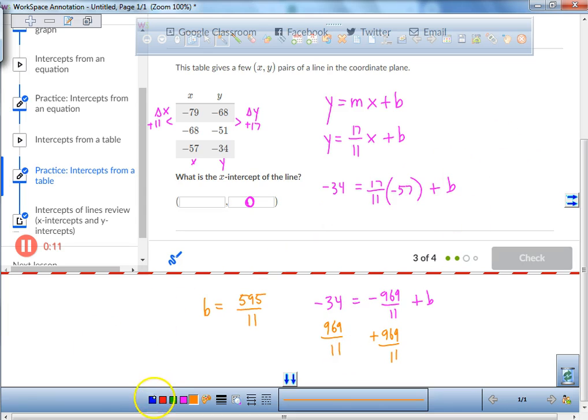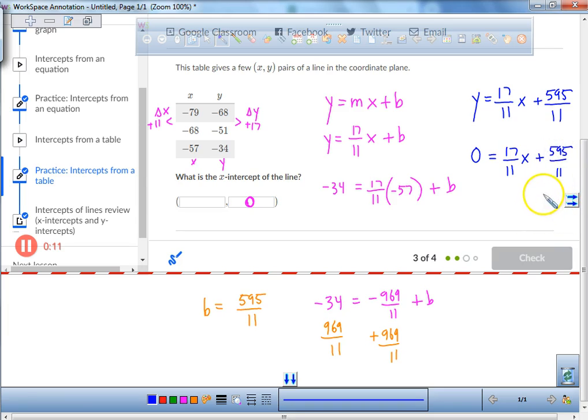So what's our equation over here? Our equation is y equals 17 over 11x plus 595 over 11. If I'm going to solve for my x-intercept, I got to make my y value equal to 0. Got an ugly slope, and an even uglier y-intercept.